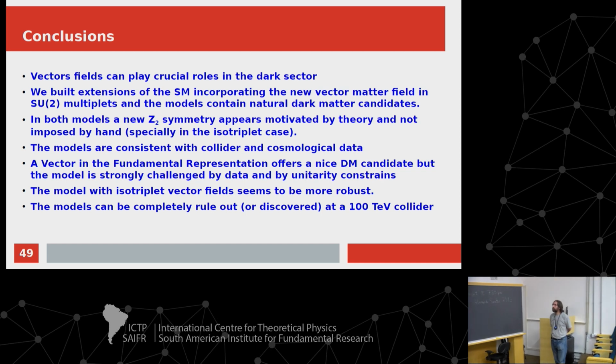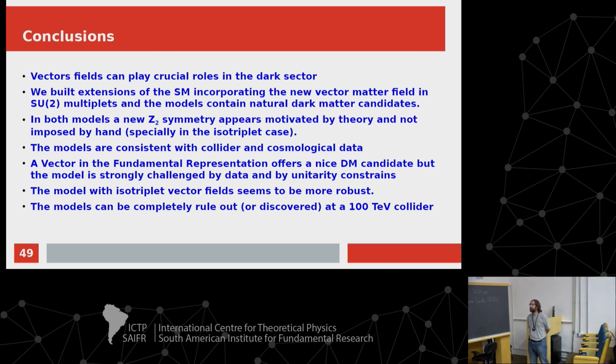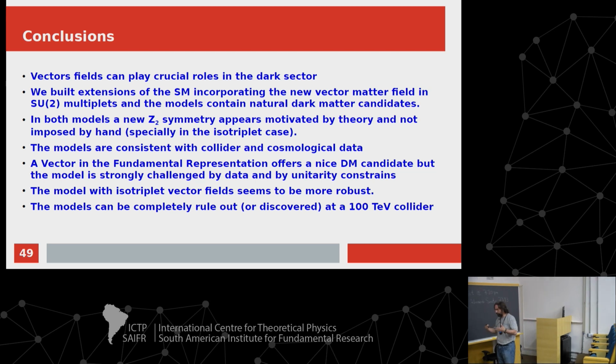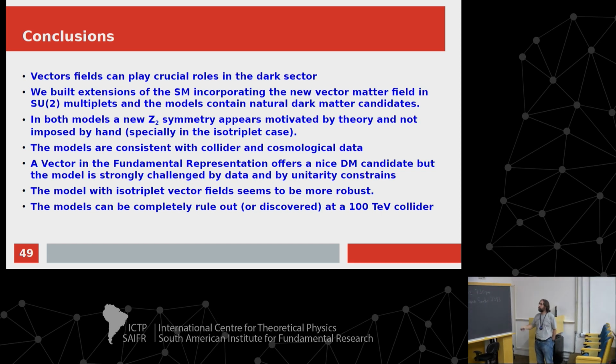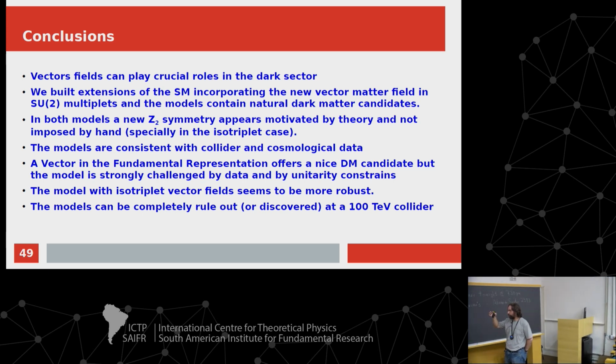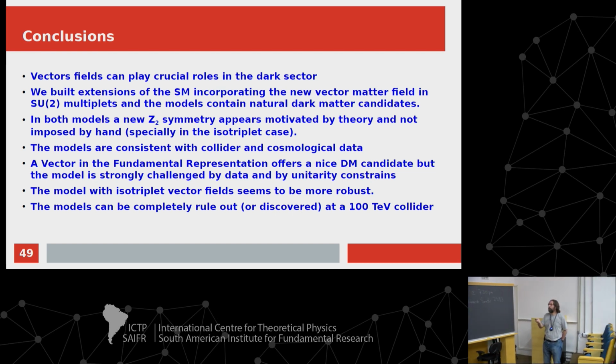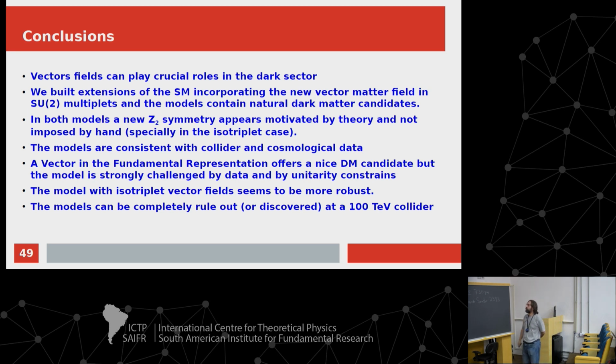The models are consistent with collider and cosmological data. The vector in the fundamental representation is interesting, but is more challenged from the point of view of data. Also, the unitarity constraints are stronger. The model with an isotriplet seems to be more robust in that sense, and the scale of unitarity violation can be very, very large. And finally, the models can be completely ruled out or discovered at a 100 TeV collider.